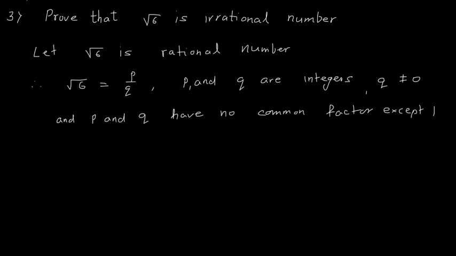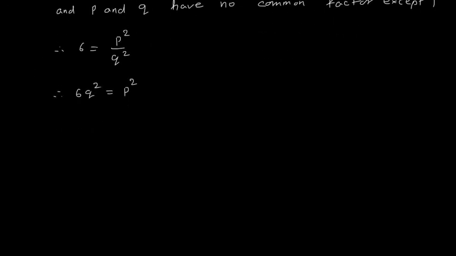So therefore I have 6 equal to p square upon q square. Therefore I have 6q square is equal to p square.